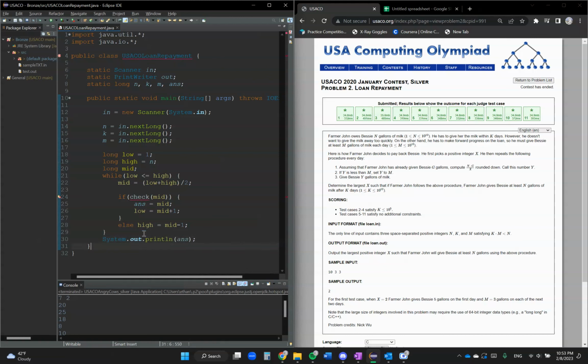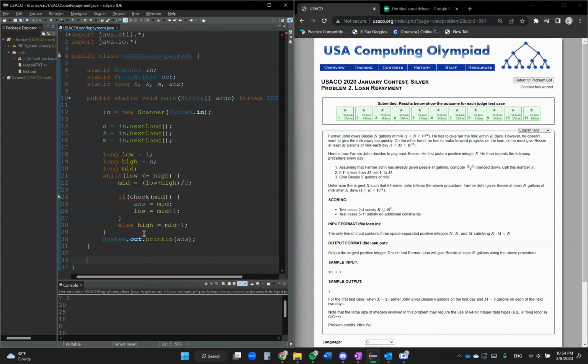Now here's the more difficult part about this problem. Now we've established the binary search algorithm, which helps us find values of x extremely quickly.